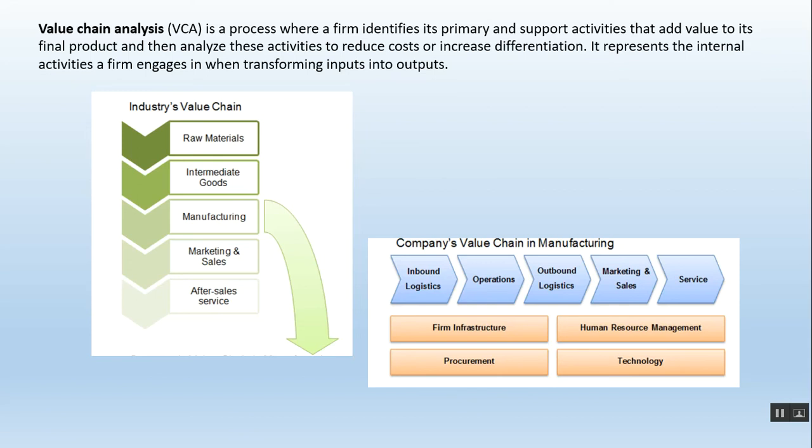And this is all built on the foundation of the firm's infrastructure, its human resource management, its procurement strategies, and its technology. We'll get a little deeper into that when we get into our section on total quality management. But it's an interesting way to analyze a business so that you can see where your strengths and potential challenges are within a firm.